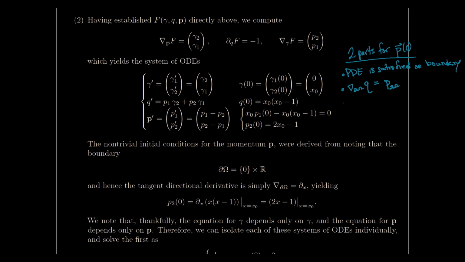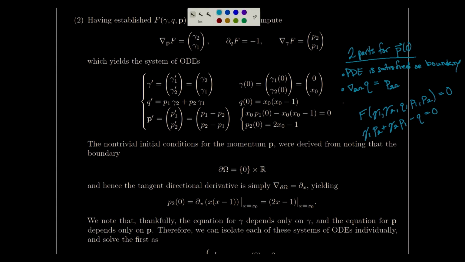The PDE being satisfied on the boundary. Recall our PDE, or a function F of gamma 1, gamma 2, Q, P1, and P2 equals 0. That function was gamma 1 P2 plus gamma 2 P1 minus Q equals 0. And we're going to emphasize that this is all occurring on the boundary. Where's the boundary? It's right here.